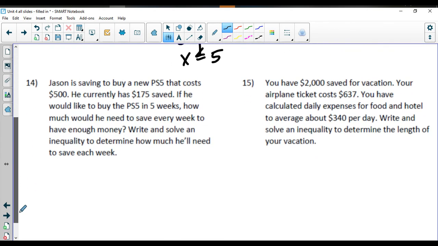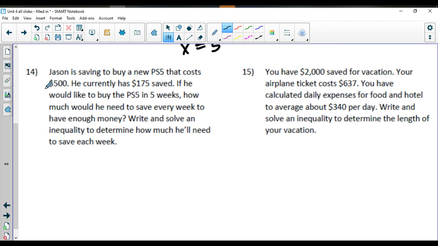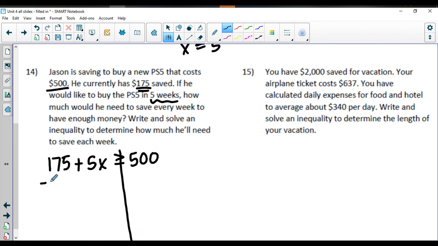For number 14, Jason is saving to buy a new PS5 that costs $500. He currently has $175 saved. If he would like to buy the PS5 in 5 weeks, how much would he need to save every week to have enough money? So right now he's at $175, and he's going to save for 5 more weeks. And we want his total is going to have to be greater than or equal to $500. He can't buy the PS5 if he has less than $500.